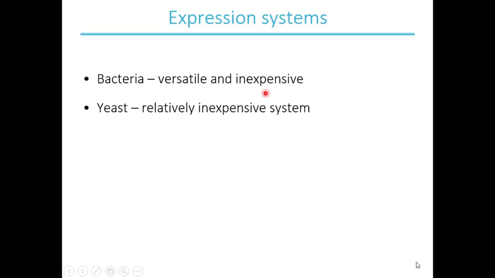To circumvent this issue, scientists use the yeast system to express and purify eukaryotic proteins. Yeast system is also relatively inexpensive. However, the limitations are pretty similar to bacteria, and certain eukaryotic proteins cannot fully fold in yeast expression systems.